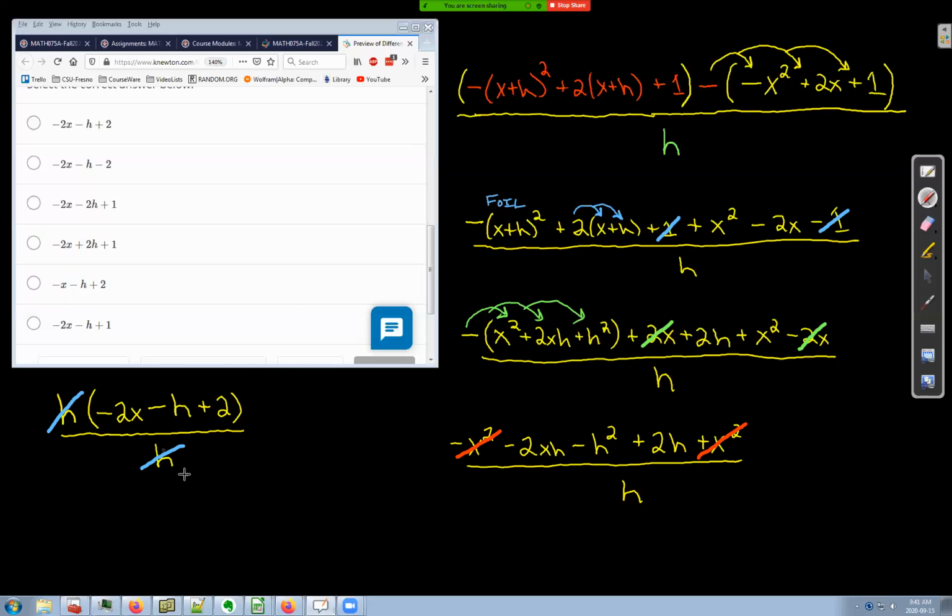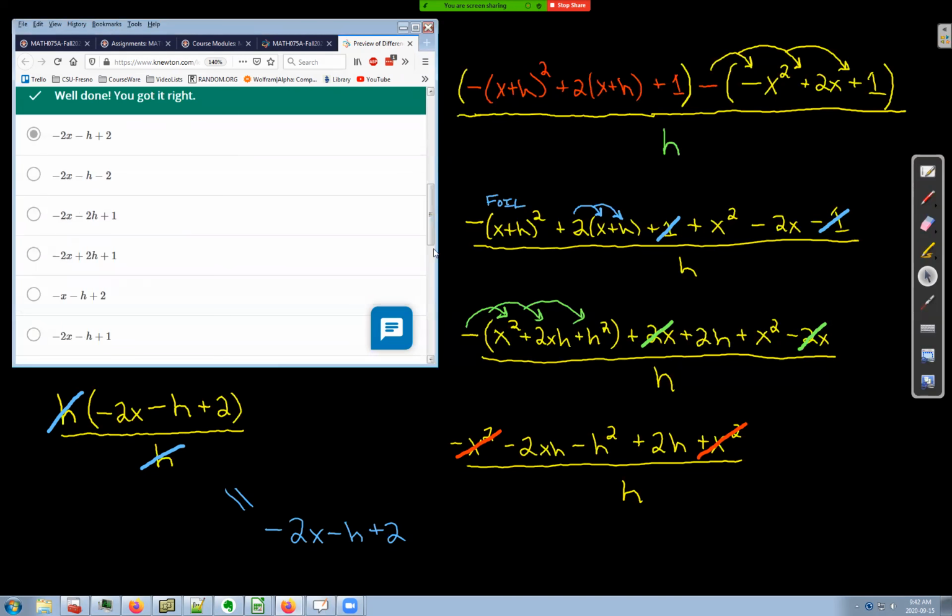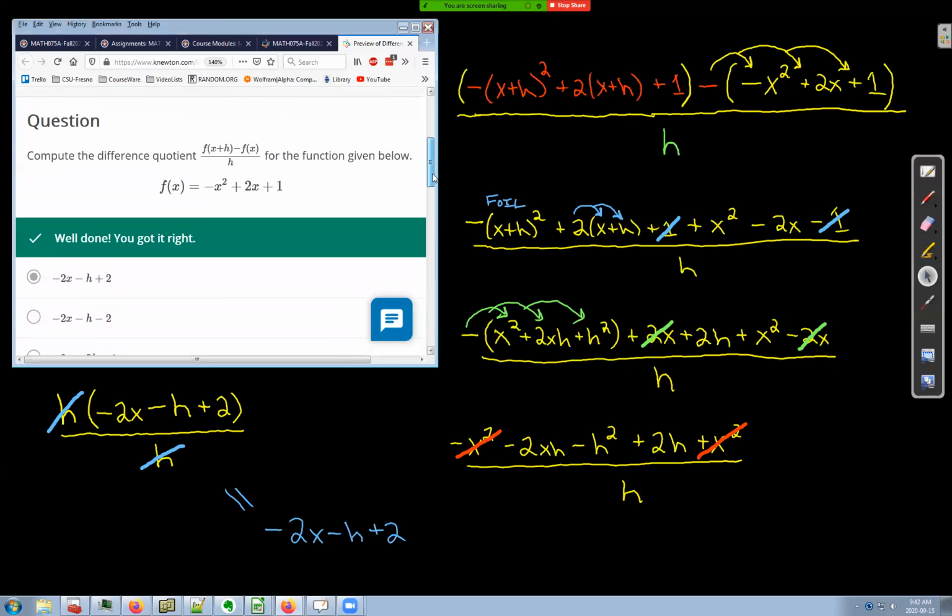Since there's not a fraction anymore, this is just equal to negative 2x minus h plus 2. And if I lived a good life, that's one of my answer choices. Oh, it's in fact the very first one: negative 2x minus h plus 2. That looks like it's right, so I'll submit that, make sure I didn't make a mistake, and I didn't.